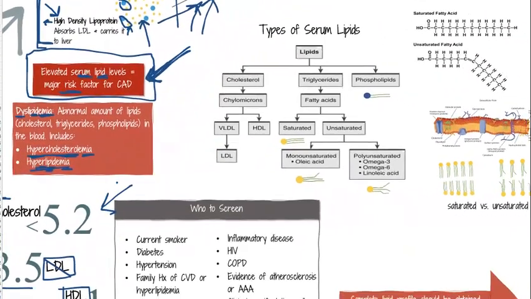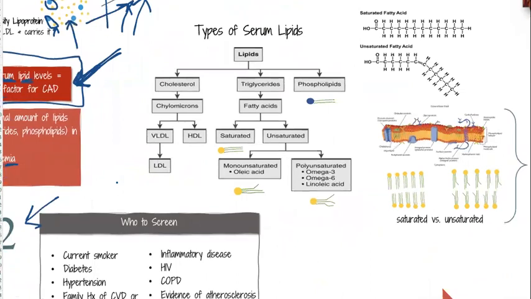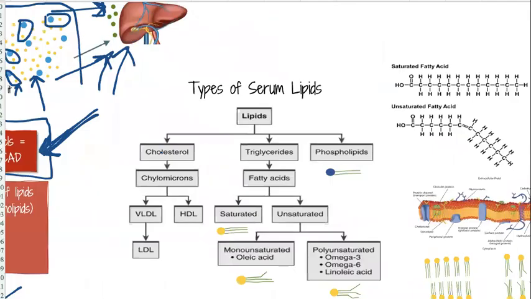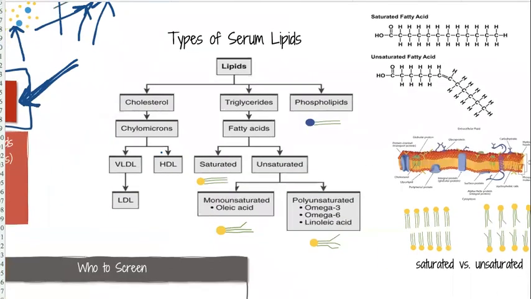So when we're talking about lipids, in the slides, for example, I see this slide right here, which is basically a little tree showing you the different kinds of serum lipids, and that's it. There's no explanation.